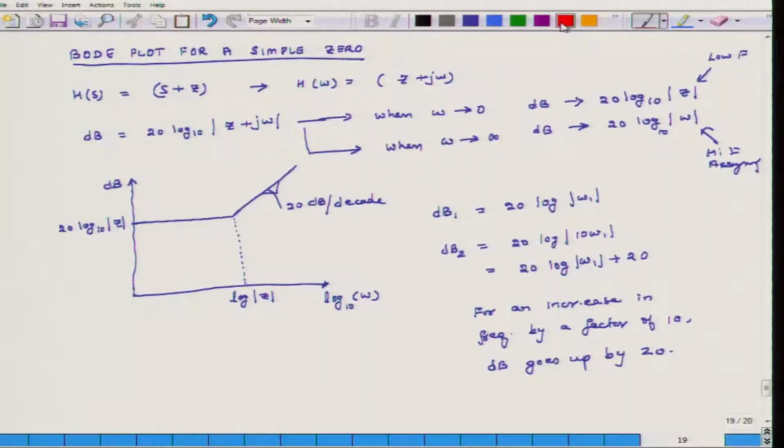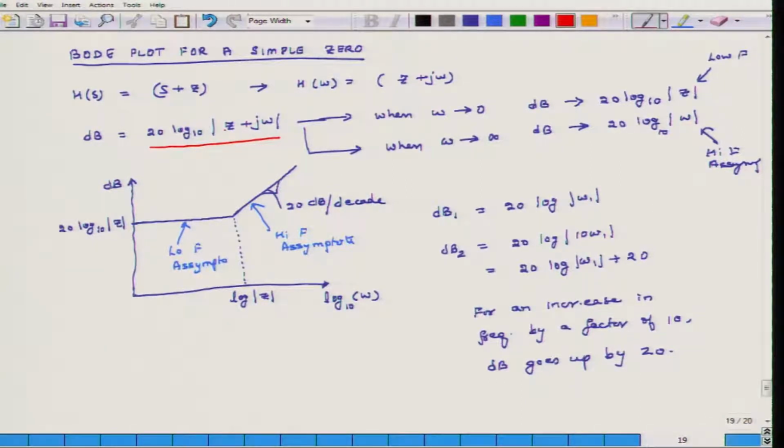The purple line is the asymptotic response, this is the low frequency asymptote, this is the high frequency asymptote, and the actual response is if we plot this actual equation.